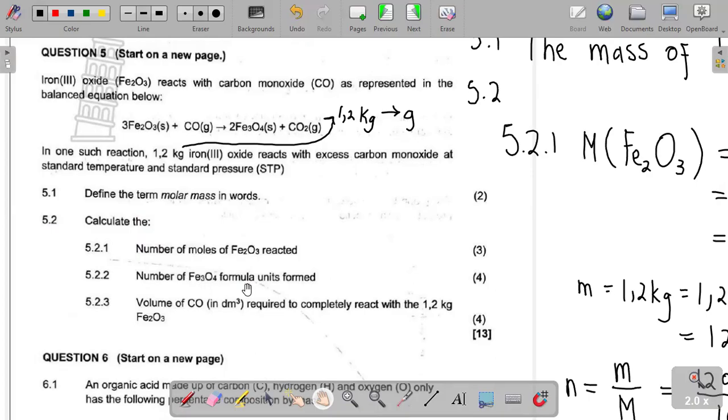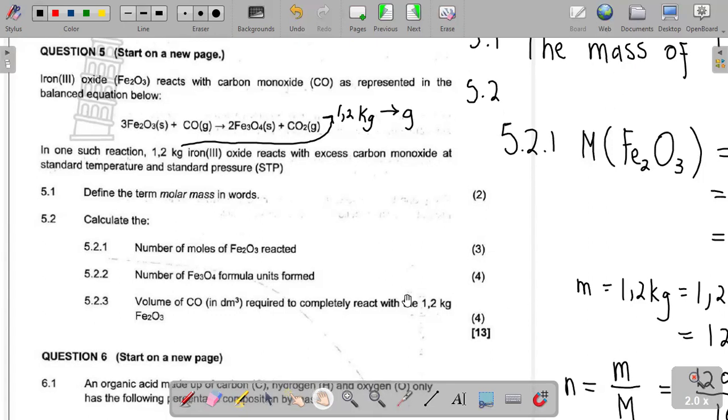This is the product. Since we have the number of moles for the reactant, we must use the ratio again. So we're going to use that ratio.